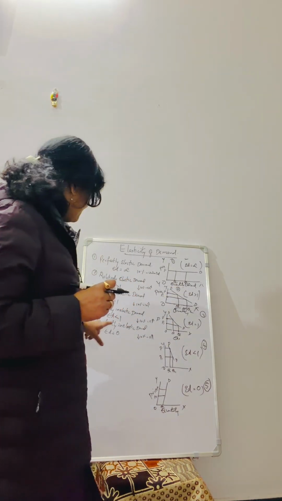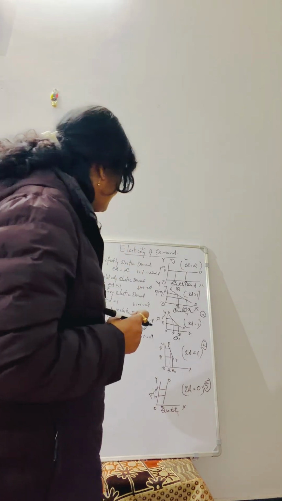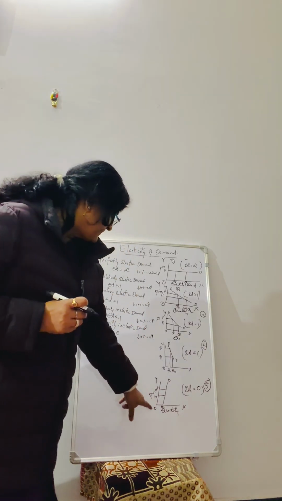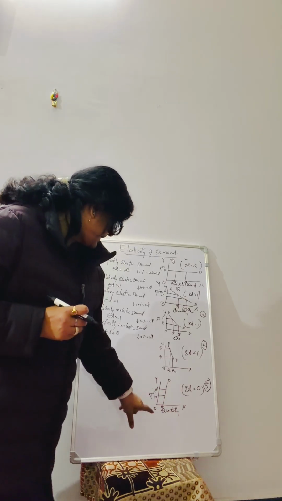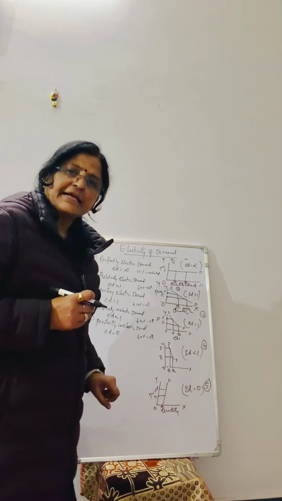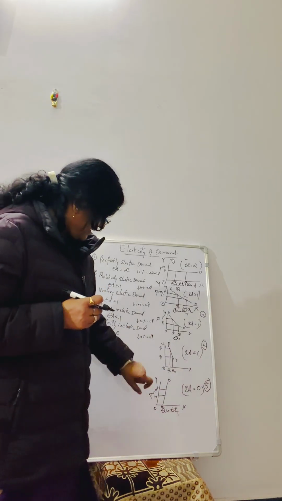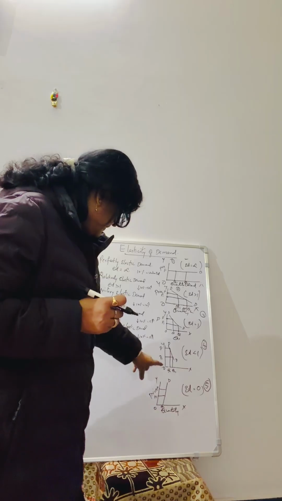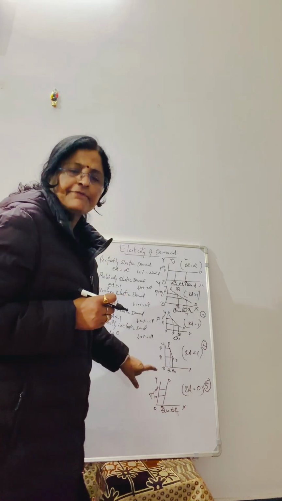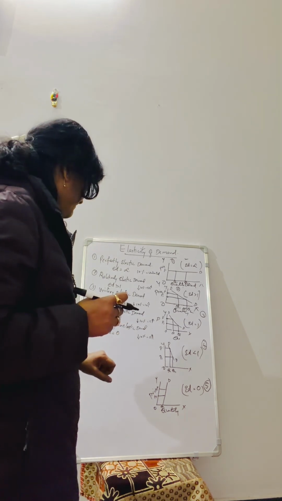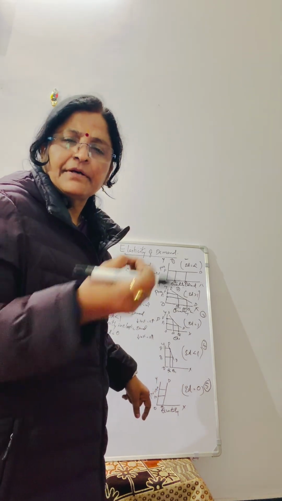Now coming to the perfectly inelastic demand. This is the 5th degree of elasticity of demand. This can be explained with the help of the 5th diagram. On the OX axis we are measuring the quantity, and on the OY axis we are measuring the price. See here, the price of the commodity decreases from P to P1, then again to P2.